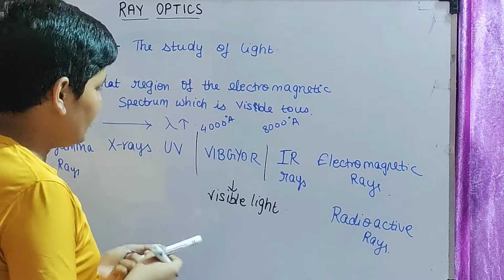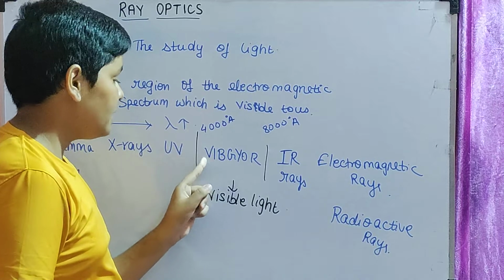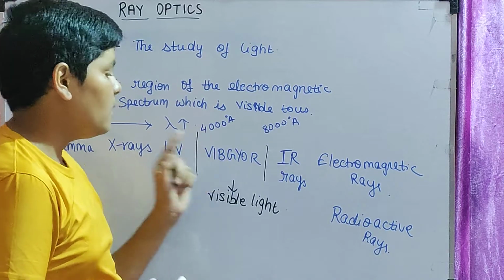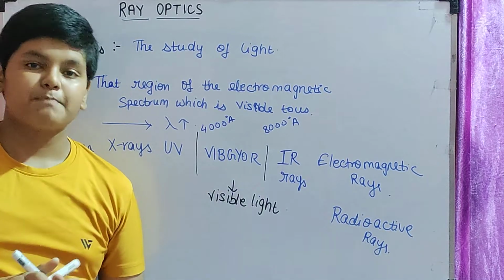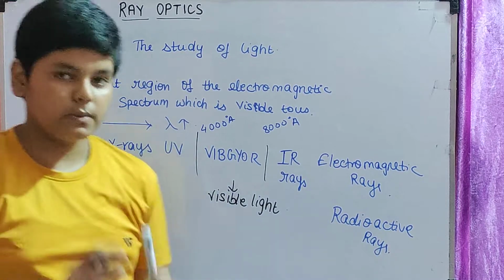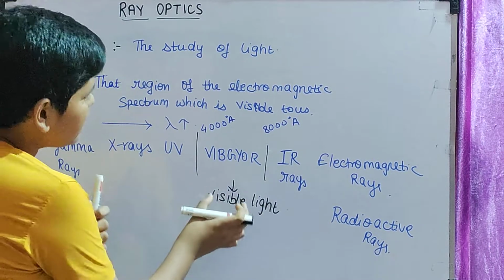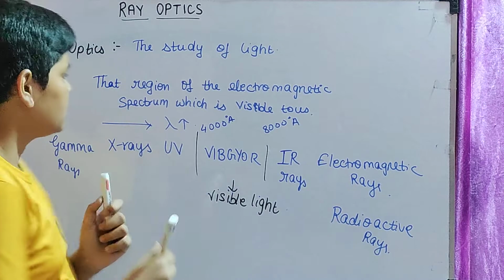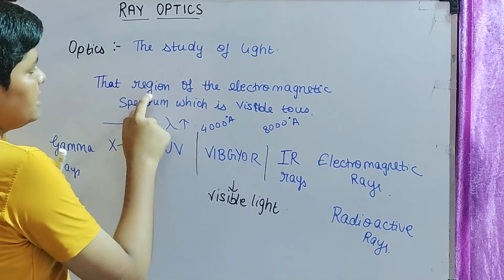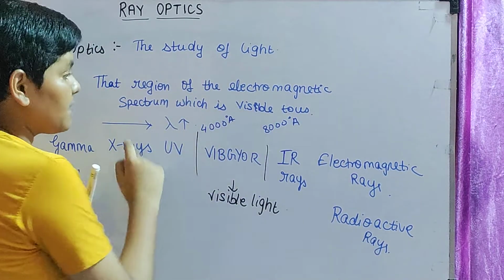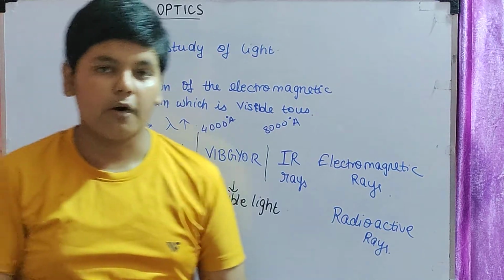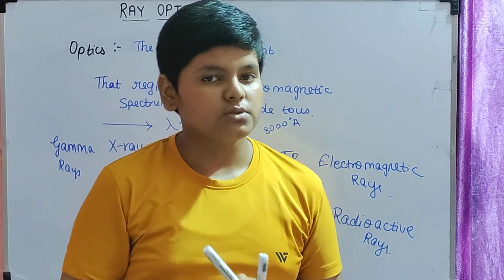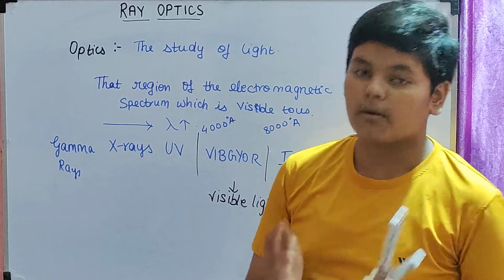Vibgyor, full form we know, is violet, indigo, blue, green, yellow, orange and red. So the part of the spectrum which is visible to us is called light. Now we understood what is light and what is optics.